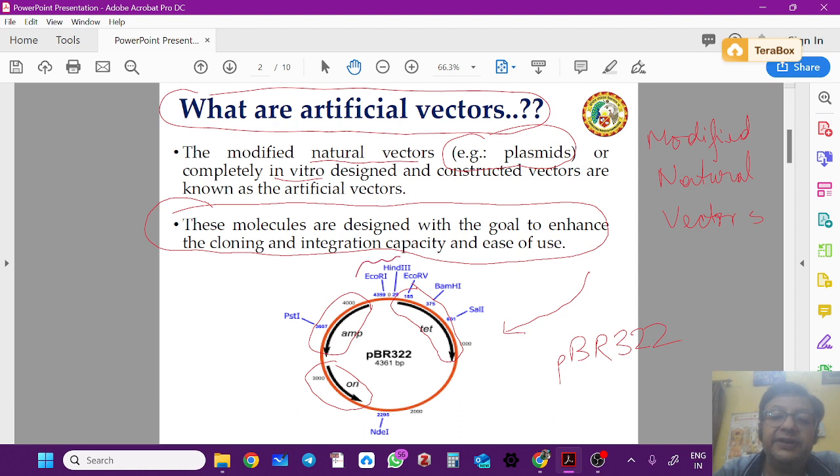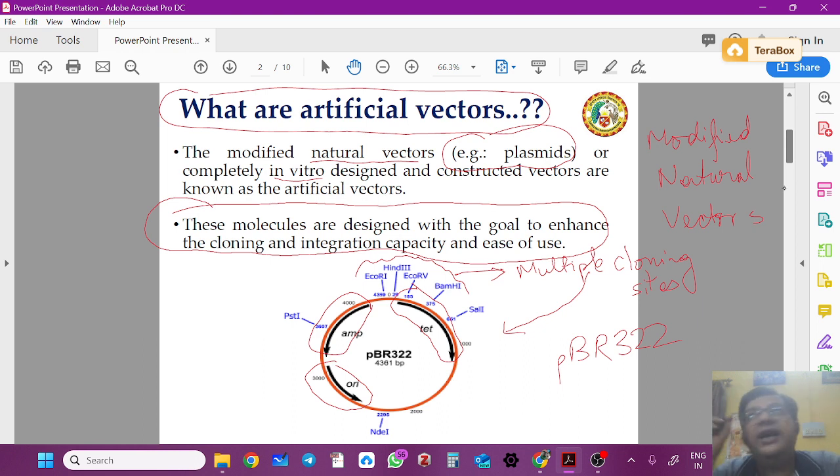And you can see several restriction enzyme sites, and these are the multiple cloning sites. This is where you can put in inserts.